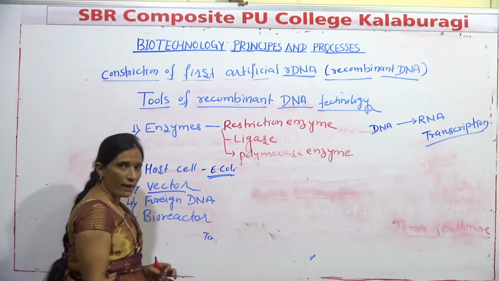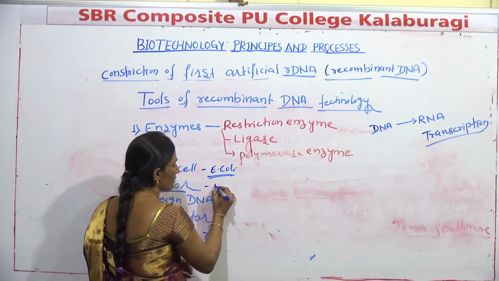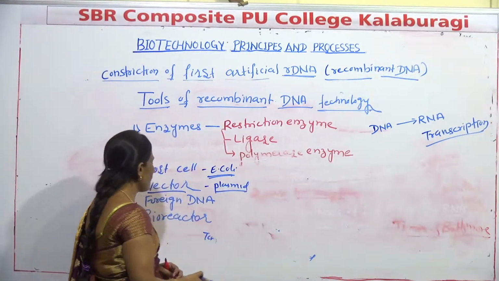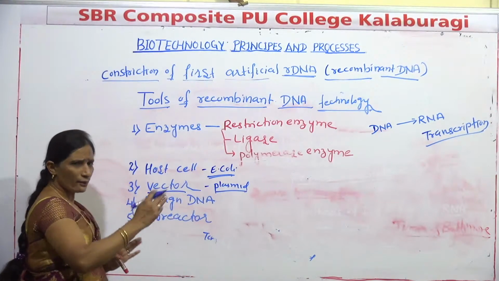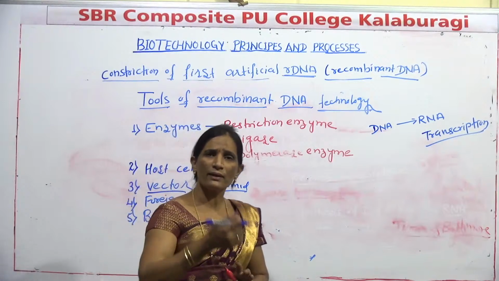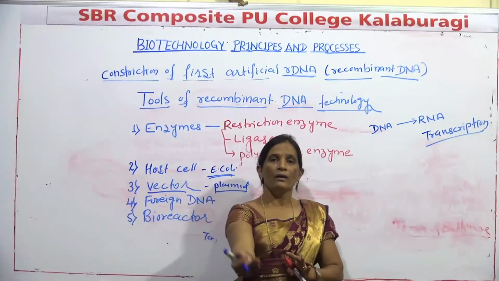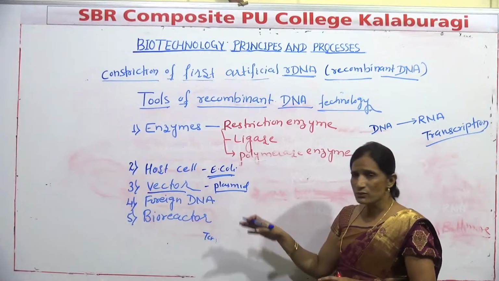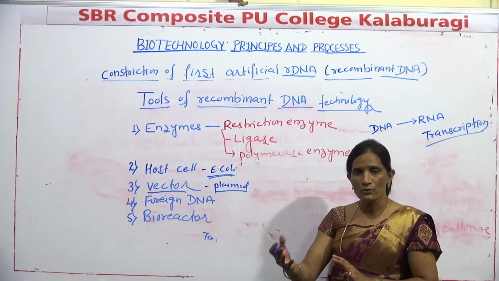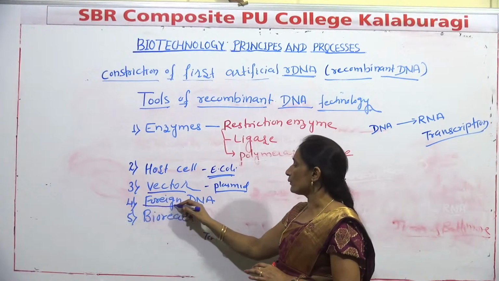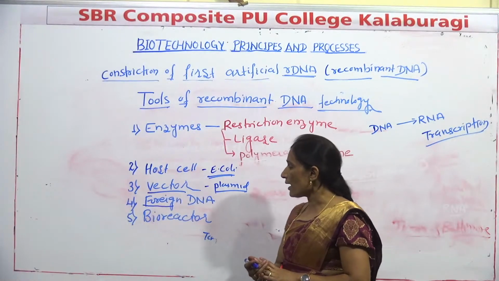Next is the vector, which is called the vehicle, the plasmid. And for introducing into a host cell, what do we require? We require the foreign gene, a desirable gene, the foreign DNA that we are going to insert. So this is also required.